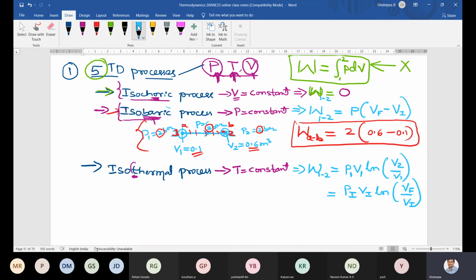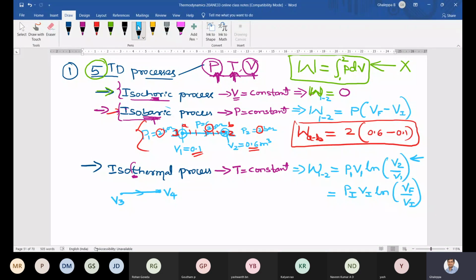Because in exam 40 to 50% of students make mistakes in substituting the values. For example, if I ask to calculate work done for 3 to 4, I have given V3 and V4, but students will apply V2 and V1. Do not write V2. V2 is nothing but final volume.